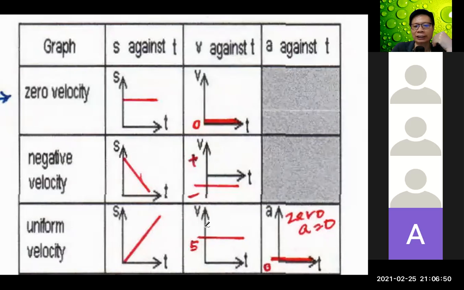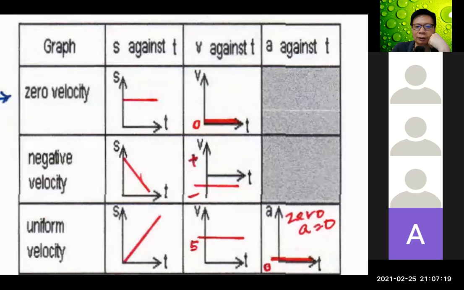So velocity is fixed at 5, constant and never changing. And for the acceleration-time graph, uniform velocity means zero acceleration. Acceleration 0 is here, so you draw a line here. Zero acceleration, a equals 0.